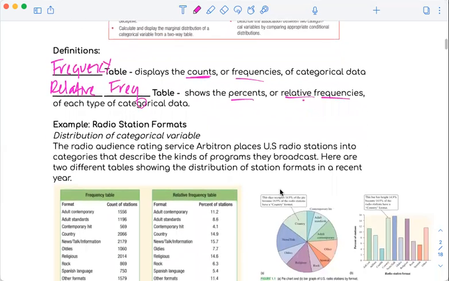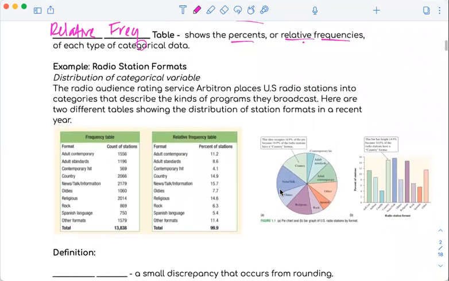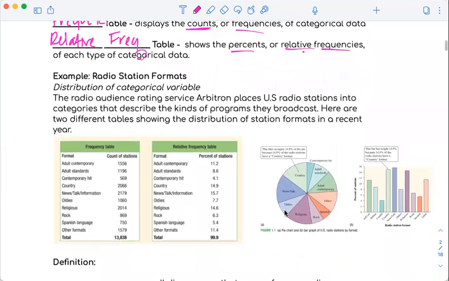So in this example, we're going to look at the distribution of categorical data. So we have a radio audience rating service. The radio audience rating service Arbitron places U.S. radio stations into categories that describe the kinds of programs they broadcast.